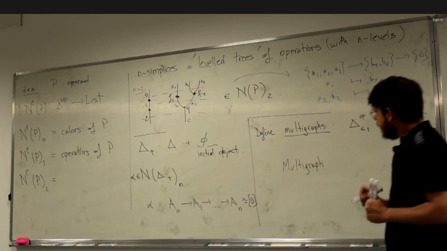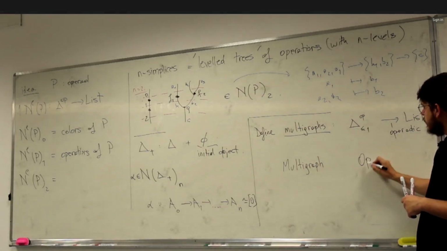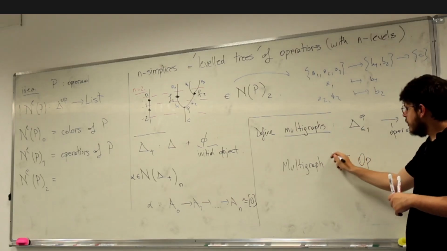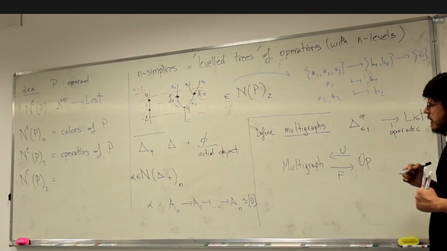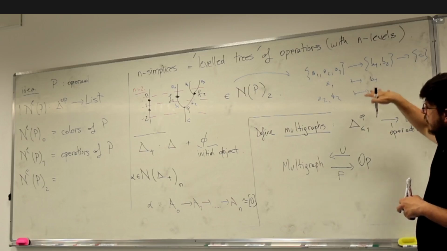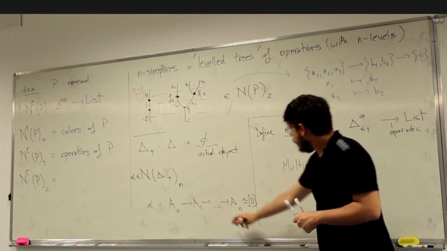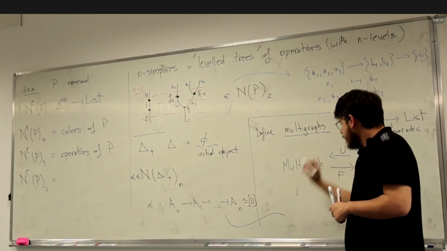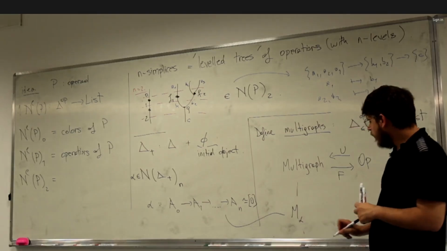I can explain next time in more detail, but we have these multigraphs and operads. So we have this free forgetful adjunction here. And then for each n simplex in delta plus, so for this type of alpha, we record a multigraph we call M alpha.